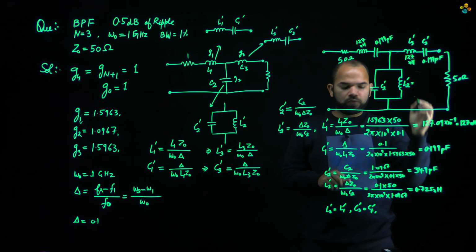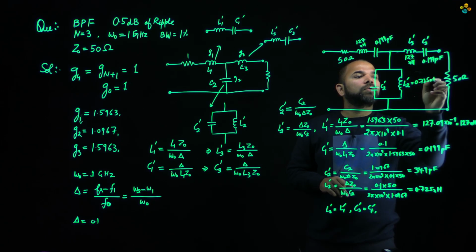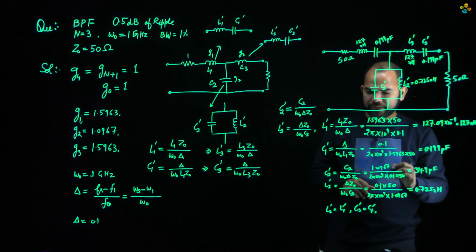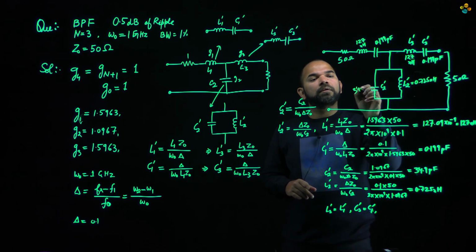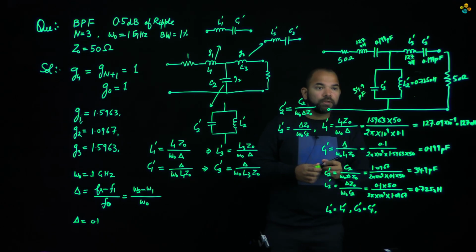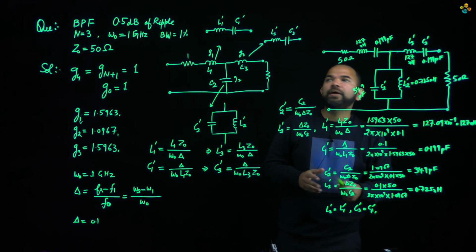This is equal to 0.725 nanohenry, and this capacitance is 34.9 picofarad. So this completes the design of a bandpass filter.